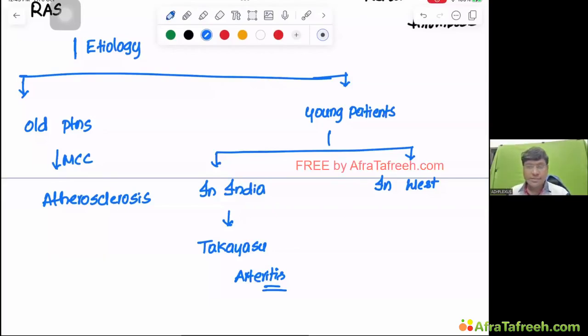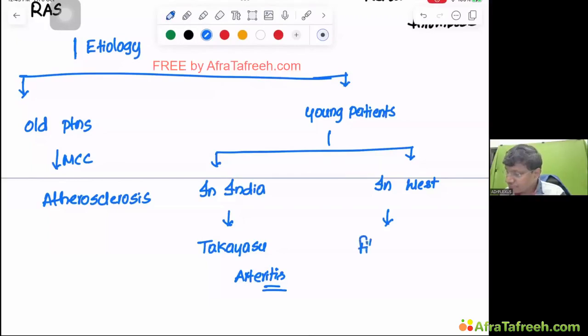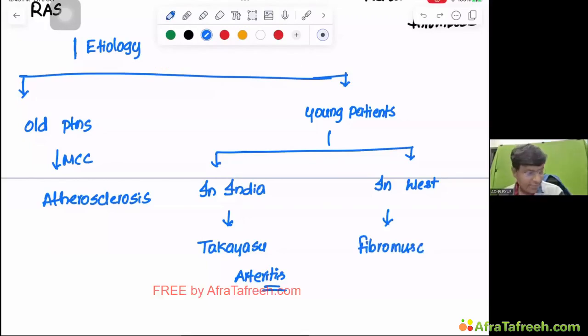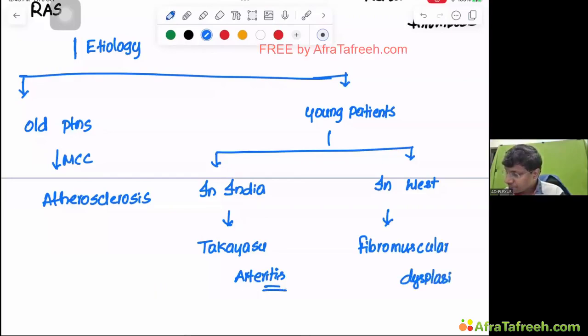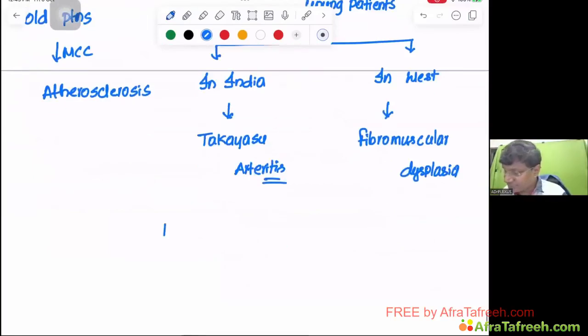Okay. Right. And in Western countries, what is the most common cause of renal artery stenosis? That is fibromuscular dysplasia. Right? Fibromuscular dysplasia. And this renal artery stenosis, what will be the presentation?